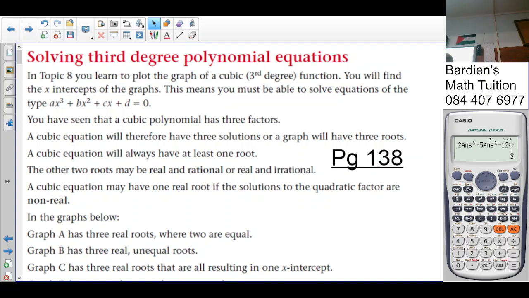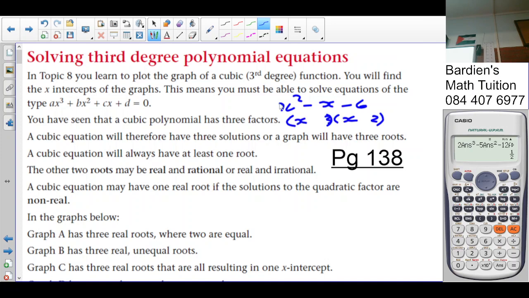So what's the difference? If you are given x squared minus x minus 6, to factorize that is simply x and x, 3 and 2, minus plus. So that is your quadratic expression factorized, not so.